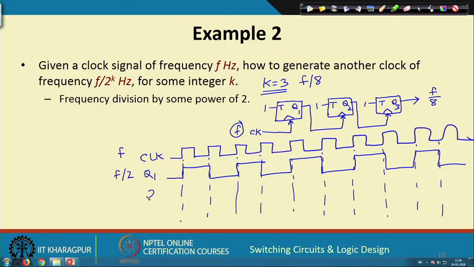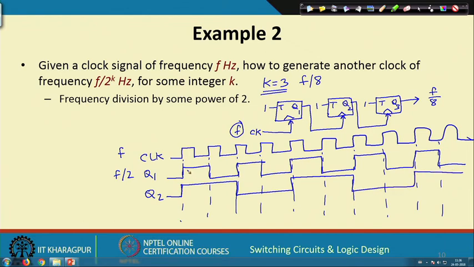Now, think of Q2. For Q2 the clock input is Q1, Q1 is fed to the clock. So, the same thing will happen, but with respect to the active edge of Q1. If Q2 was also 0, the first toggling will be here, next toggling here, next here, and so on.